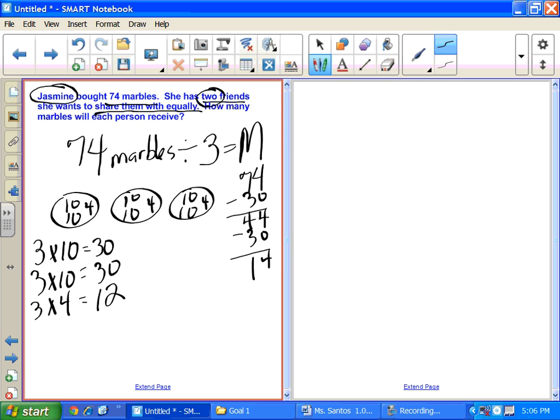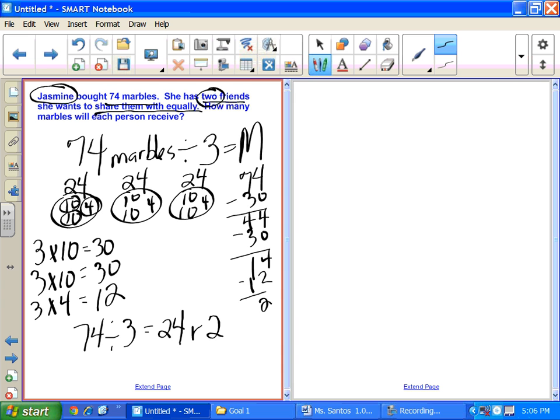So we were able to give 10 marbles, 10 marbles, 10 marbles, and then 4 more marbles for a grand total of 24 marbles to each student, with 2 remaining. So if we wrote the answer, it would be 74 divided by 3 is equal to 24 marbles, remainder of 2, because if we broke the marbles up, they wouldn't be any good.